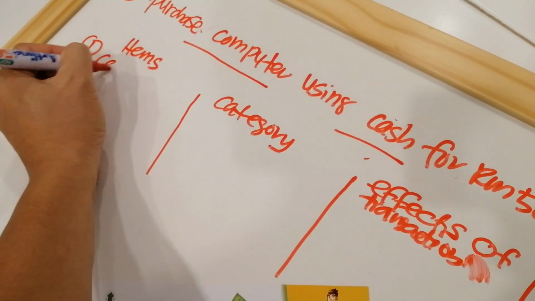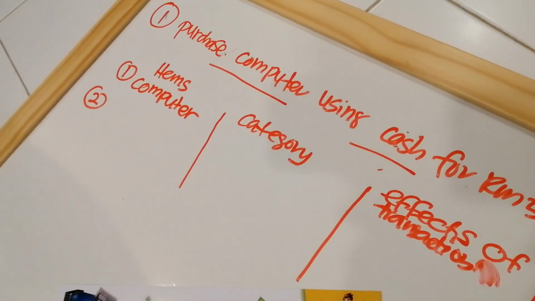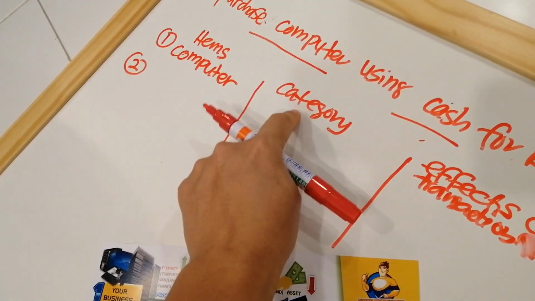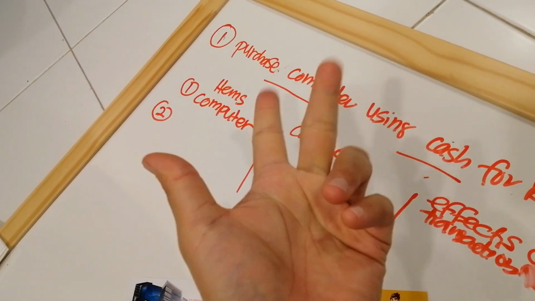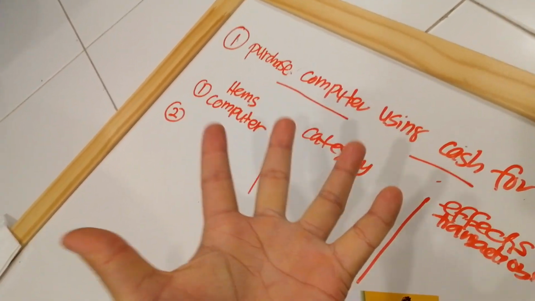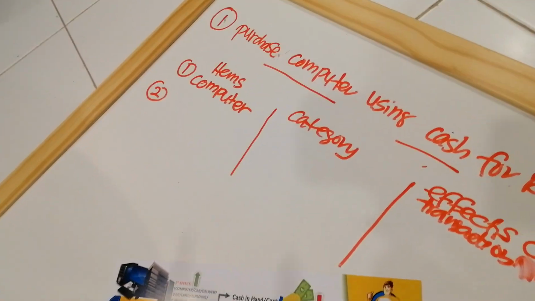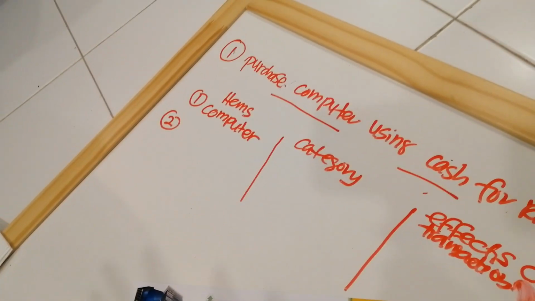So, you put here computer. Computer, apa kategori dia? We have 5 categories. Asset, liabilities, owner's equity, revenue, expenses. Apa kategori? What is the category for computer? This is the classification part yang I explained just now.